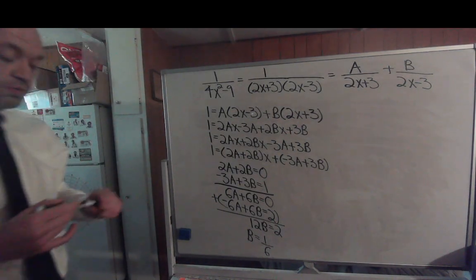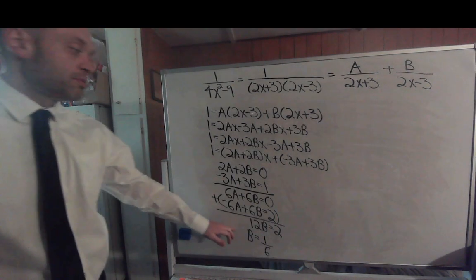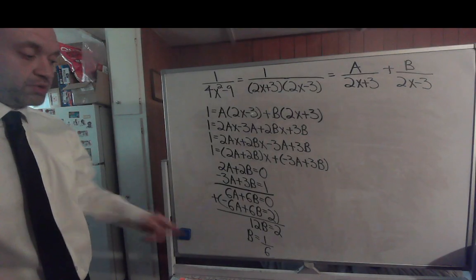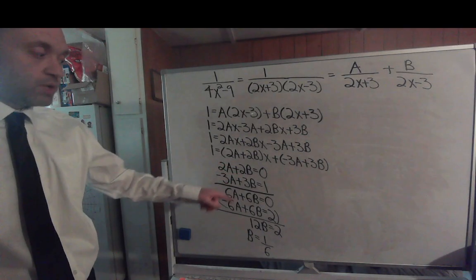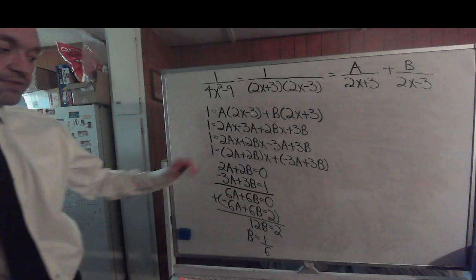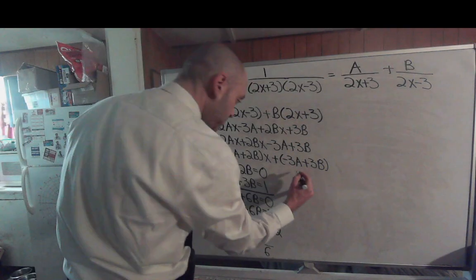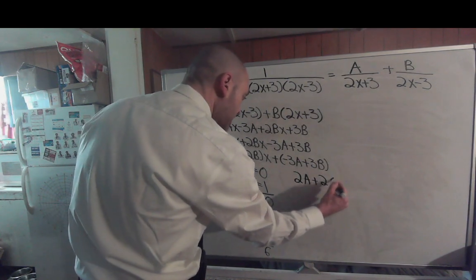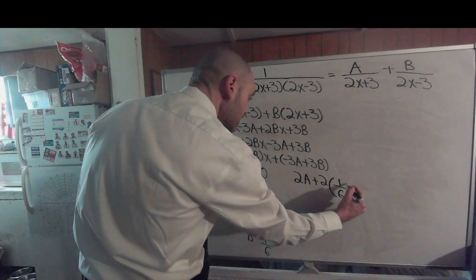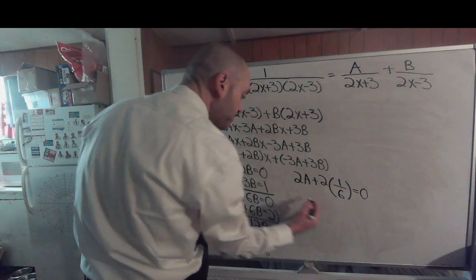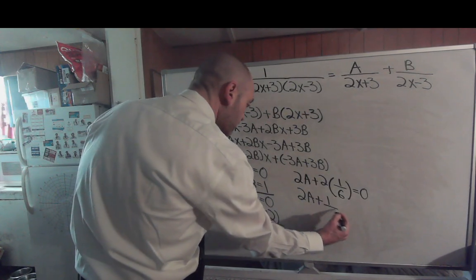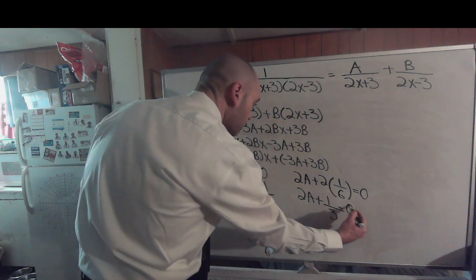So we found the value of b. Now what about a? I need to put that b into one of these two equations, and then I can solve for a. I'll pick the top one: 2a plus 2 times 1/6 equals 0, which gives 2a plus 1/3 equals 0.